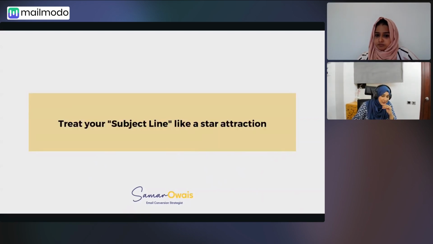The second thing you should be focusing on is treating your subject line like a star attraction, right? So the from name has a supporting role, but the subject line is the star of the whole situation when it comes to getting your emails opened. And there are a bunch of things you can do when writing subject lines, but the first and most important one is clarity.